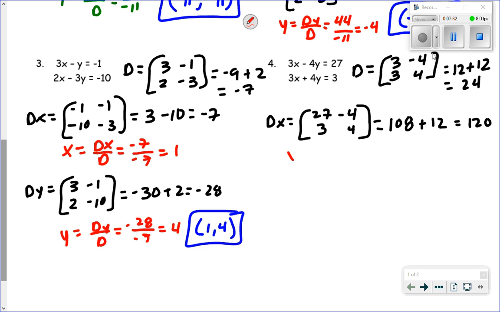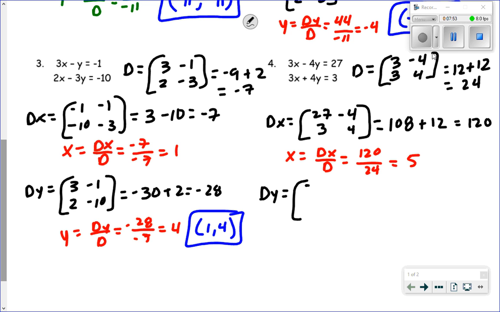Okay, and then my x value, dx over d, which would be 120 over 24. And then I want to reduce that. And that would be 5. Okay, now I need to find dy.